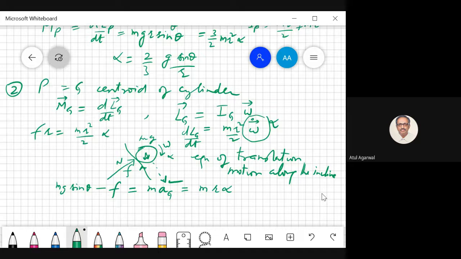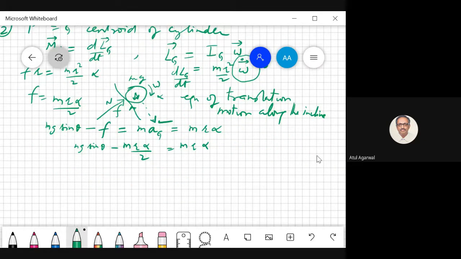So you have got another equation. Here you can say f is equal to m r alpha by 2. Now you can put this thing here. mg sin theta minus m r alpha by 2 is equal to m r alpha.